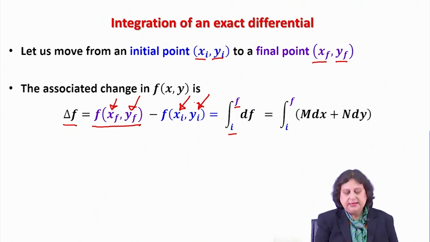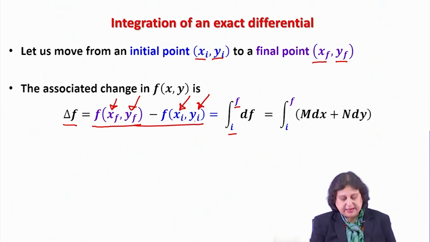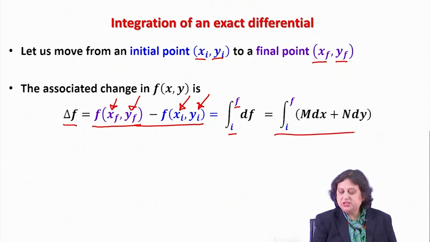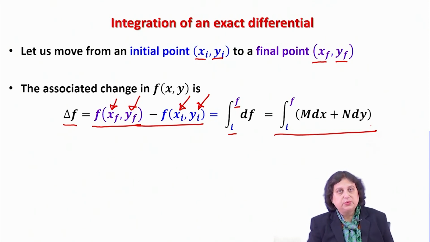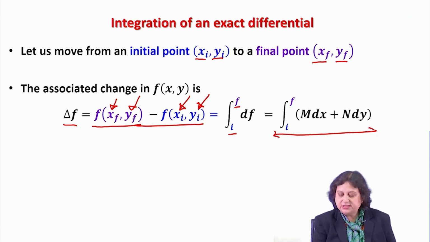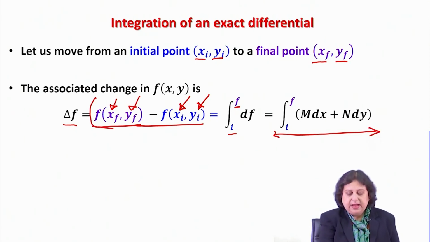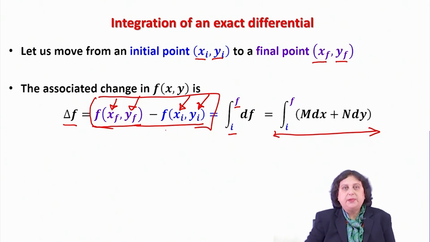Now I find that this difference between the new and the old values of f at the final and the initial points is equal to the integration over m dx plus n dy as the system goes from i to f. As you see, the result of this integration does not depend on the path that we have taken in moving from the point xi, yi to xf, yf.